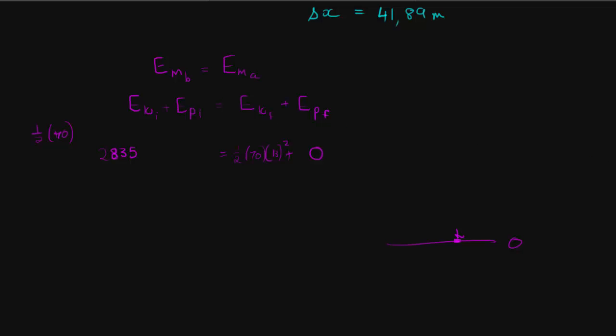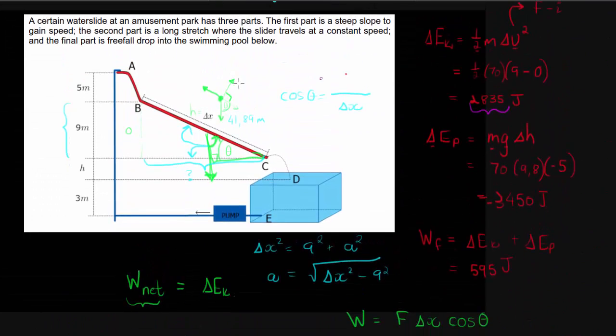Okay, so wait a minute, why am I using the kinetic energy at point B when I'm actually talking about the kinetic energy at this point? In other words, I'm using the mechanical energy at this point. Remember, mechanical energy is consistent as long as there's no external forces, or as long as it's only, what's the word? I'm speaking under correction. I think it's dissipative forces, but it's not coming to mind just now.